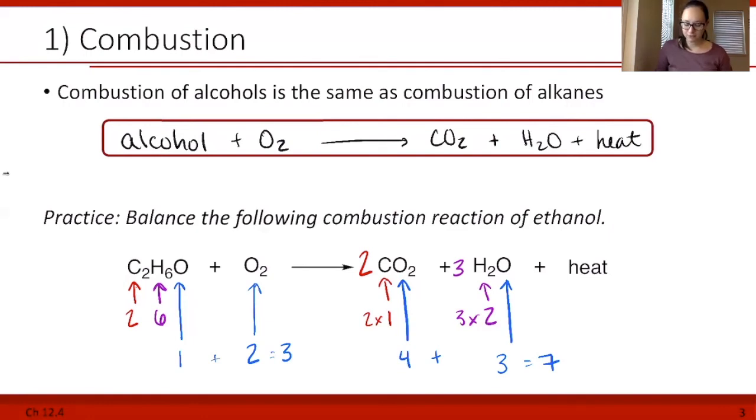We have 3, but we need 7. So if I put a 3 in front of the O2, then I have 3 times 2, which is 6, plus 1, and that equals 7. So if I put a 3 in front of the O2, then my math checks out.